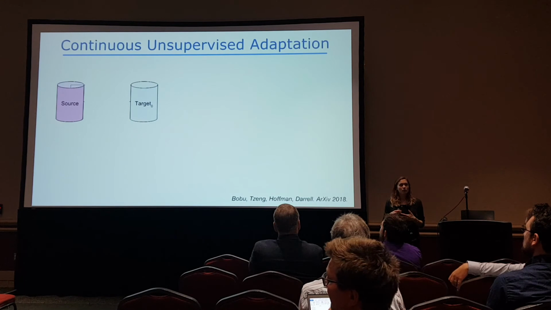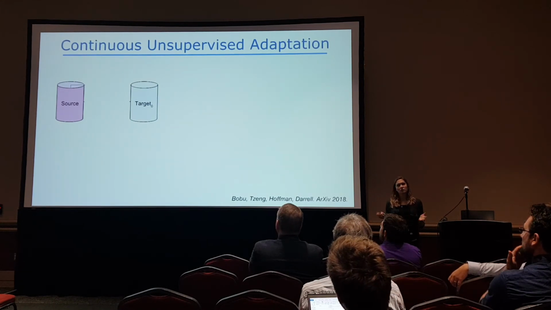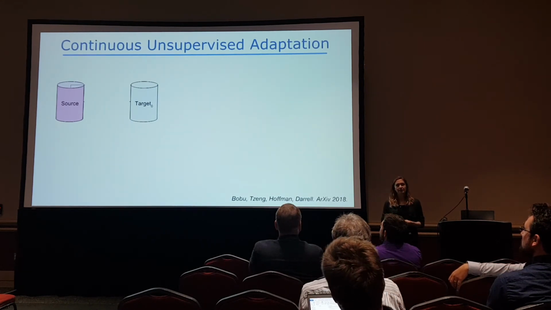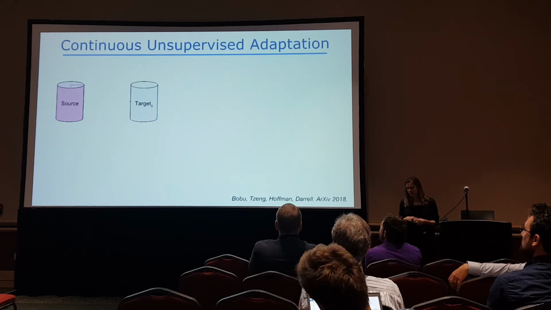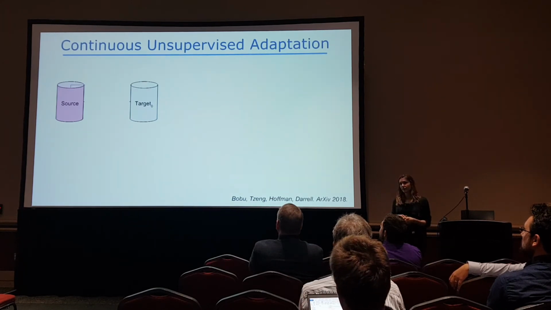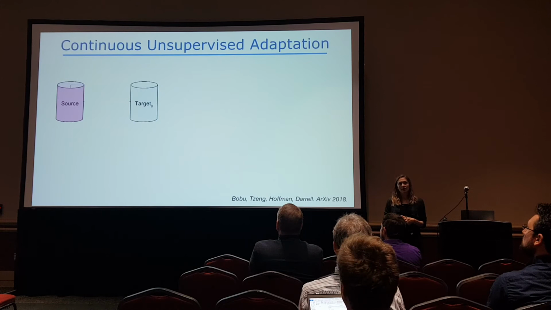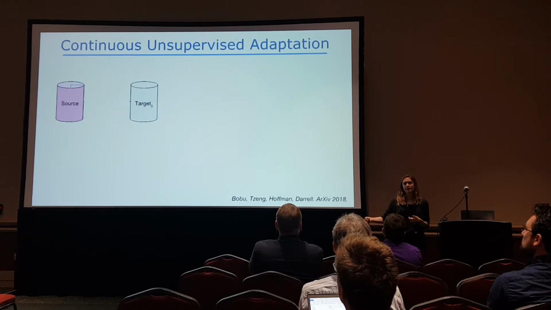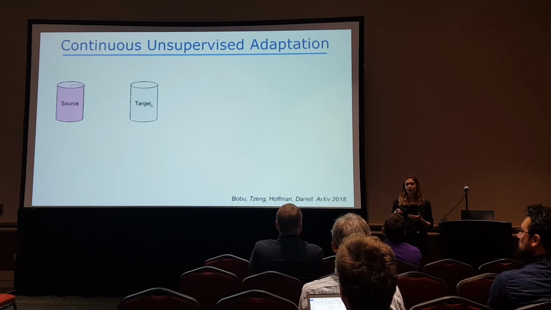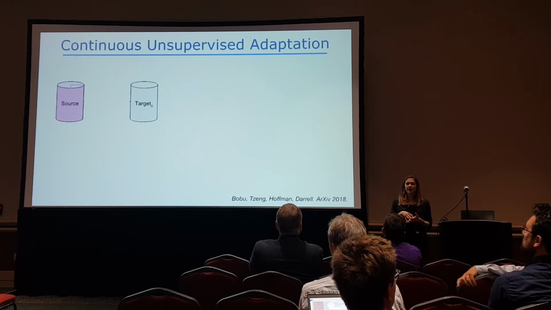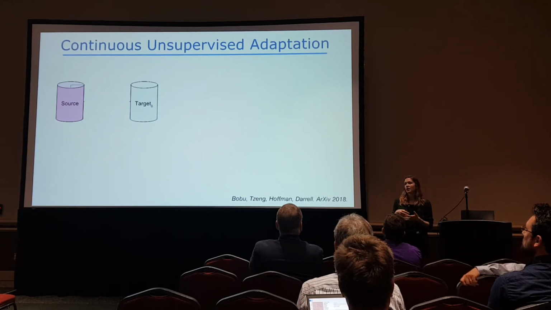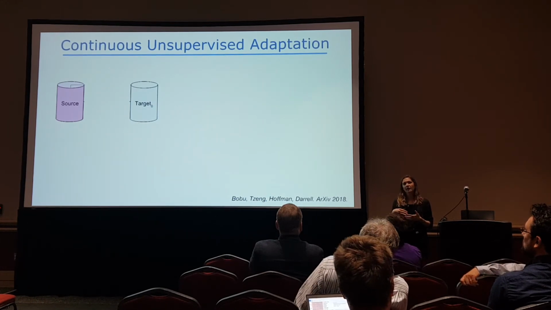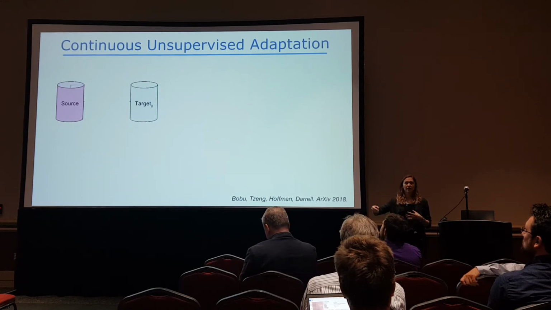So what we've been working on, and this is just some preliminary work right now, is a simple unsupervised adaptation technique that can be applied over time. In particular, we're going to study applying it over time as there's a domain that changes with a particular constancy.